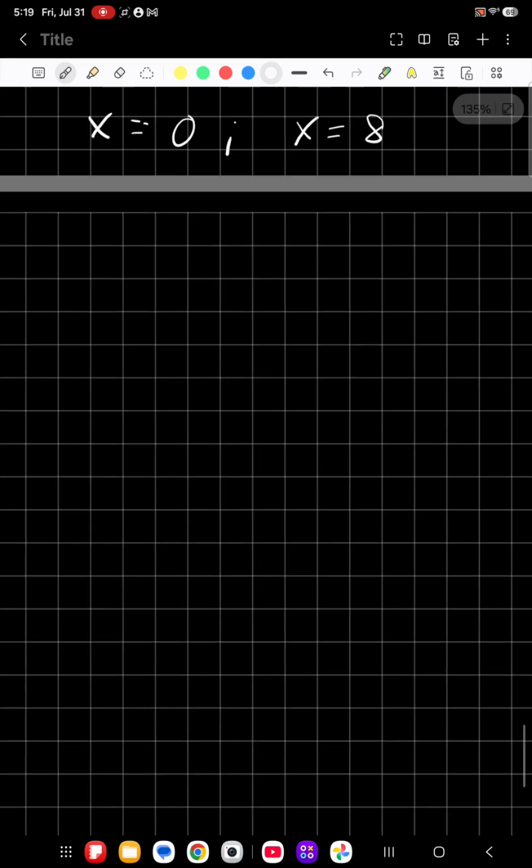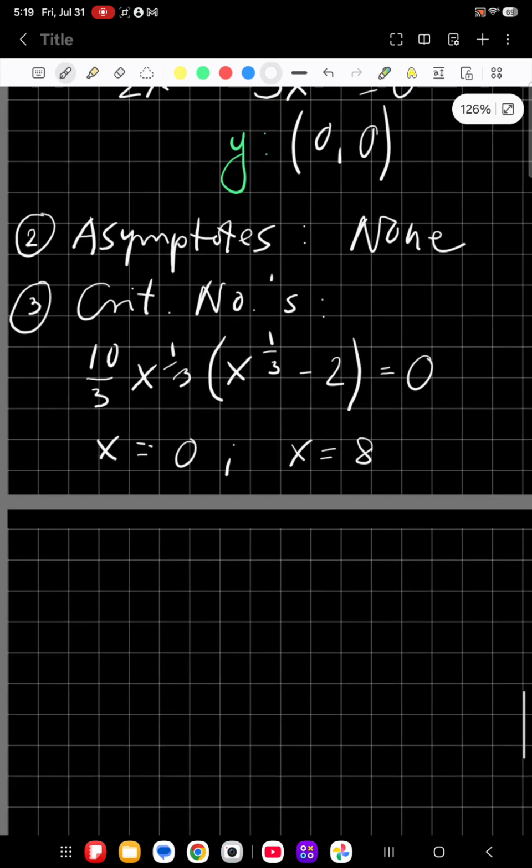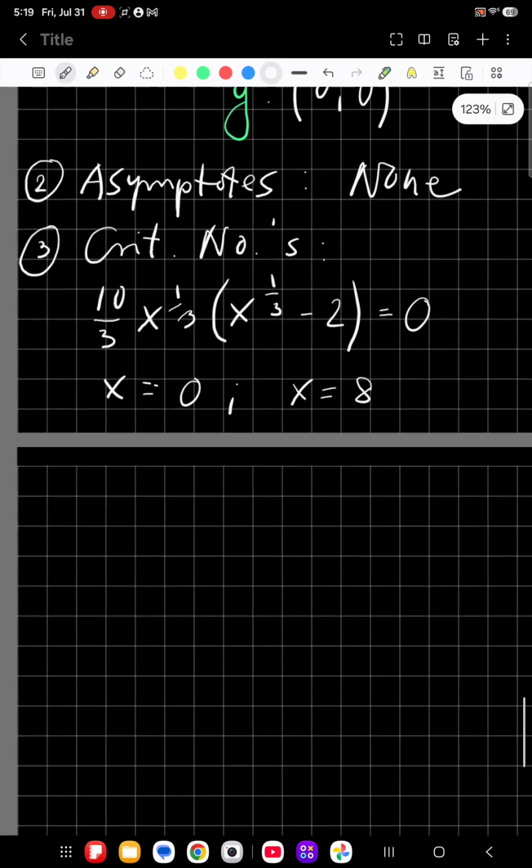Okay, so we have that first derivative, and we have critical numbers. There are 2 of them. So let's do the analysis of the first derivative. This is step 4, analysis of first derivative.